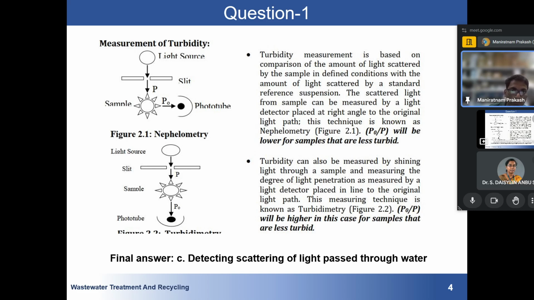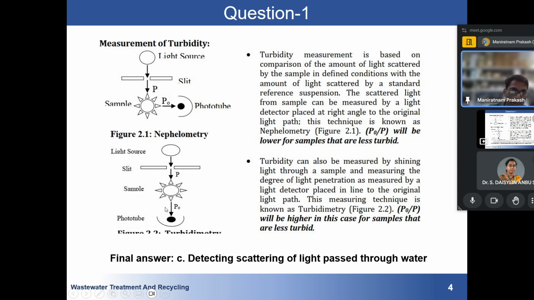There is no question of which one will give the best answer. Both will give good results, but people have developed two types of instrument, one by placing the detector at 90 degrees and one by placing it in the path of the light. For example, in my lab this instrument is there. In some labs the other instrument will be there, so it doesn't matter.